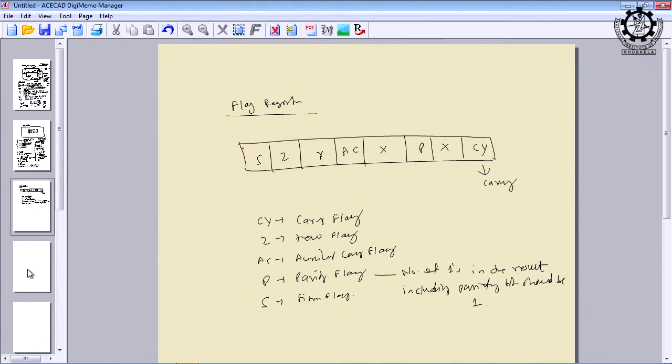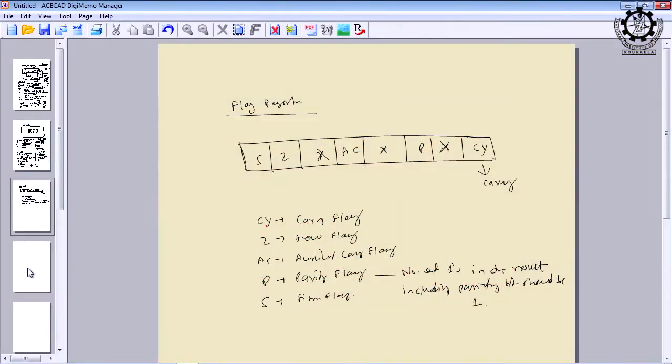Since it is an 8-bit register, there are 8 cells, and out of 8 cells only 5 cells are used, because 8085 supports only 5 flags, and wherever I have put a cross mark, that remains unused. They thought of using it in future, but before that 8086 came, therefore, this remains blank, right.